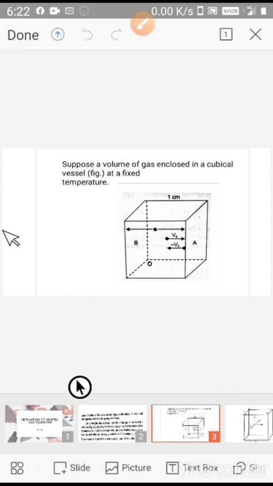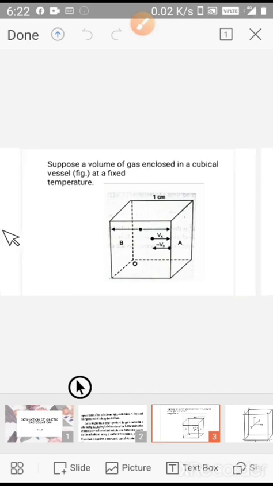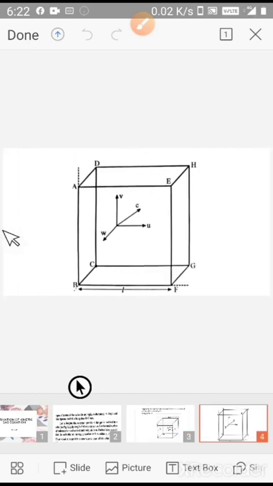We know that a cube has 6 faces and all the faces are equal. The length of one side is equal to L centimeter, and the molecules will move in all directions. They move in a straight line unless and until they collide with each other.